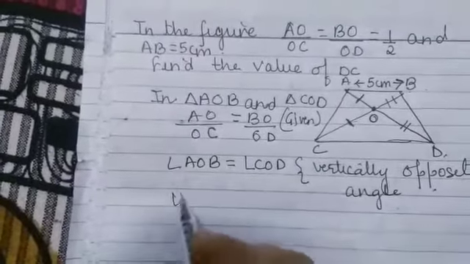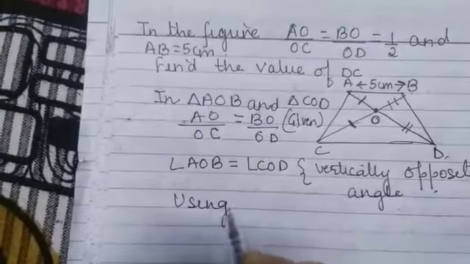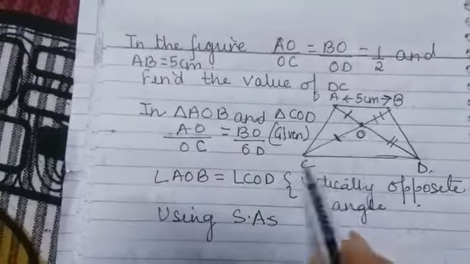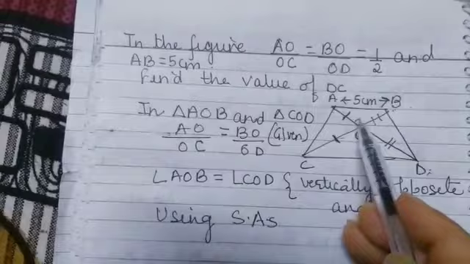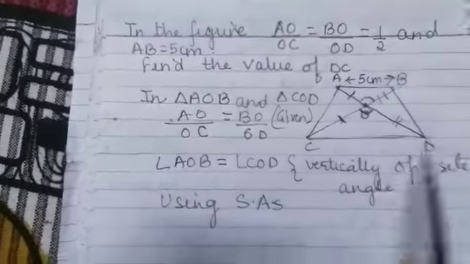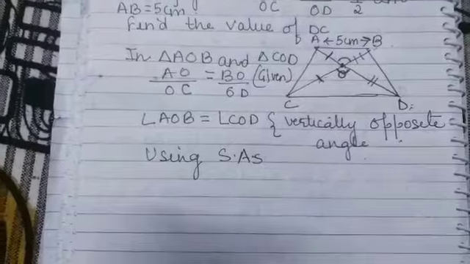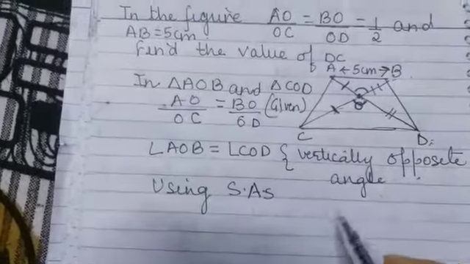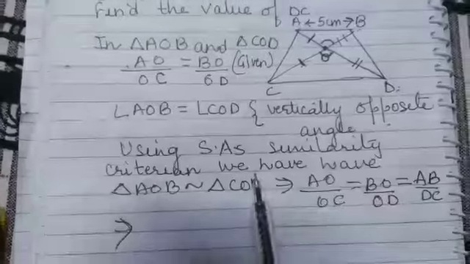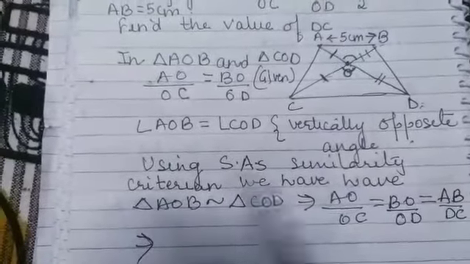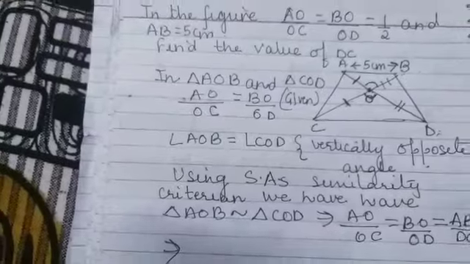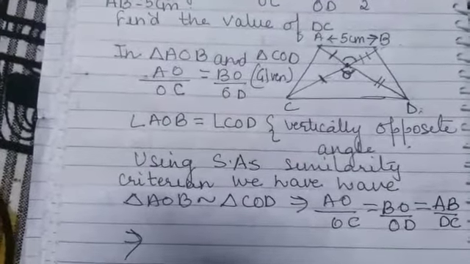Right. So using side angle side. So you know, this side is proportional to this side, and the angles between them are equal. So it is side angle side. So by SAS similarity criterion, these both triangles AOB and COD are similar to each other.